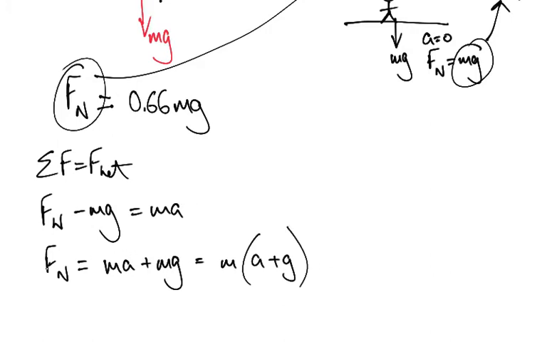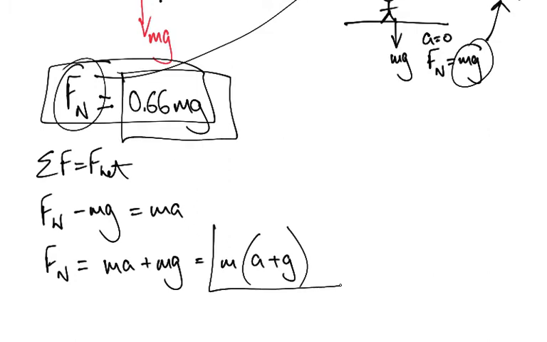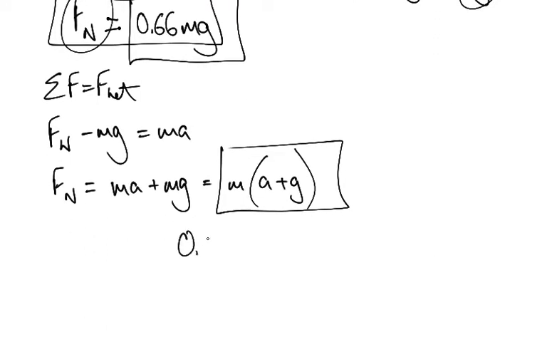Now that we know what Fn is from the free body diagram, we also know from the question that Fn is equal to 66% of their normal weight. So we can actually set these two equations equal to one another. We can set this equal to this, and so therefore we get 0.66 mg.